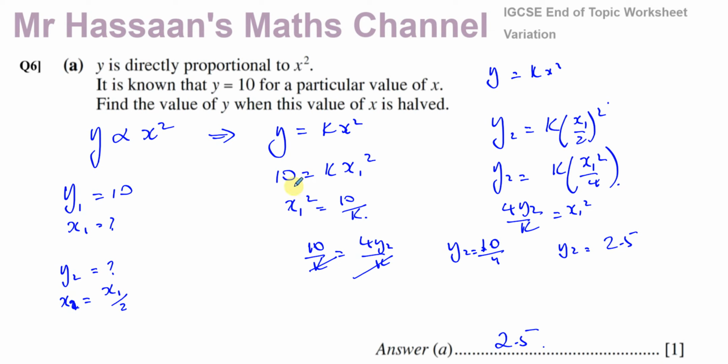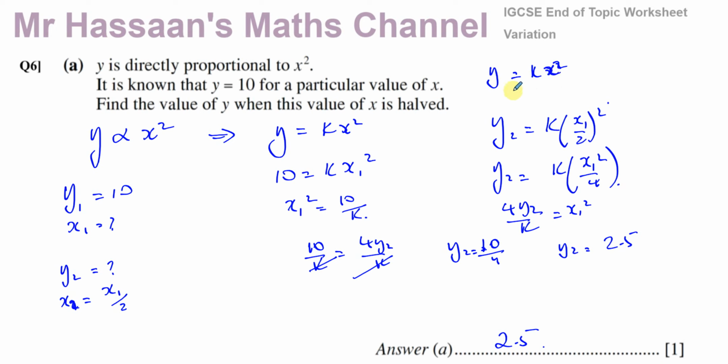Now the logical way. When y was 10, you had y equals some constant times x squared. This is a relationship where y is directly proportional to x squared.